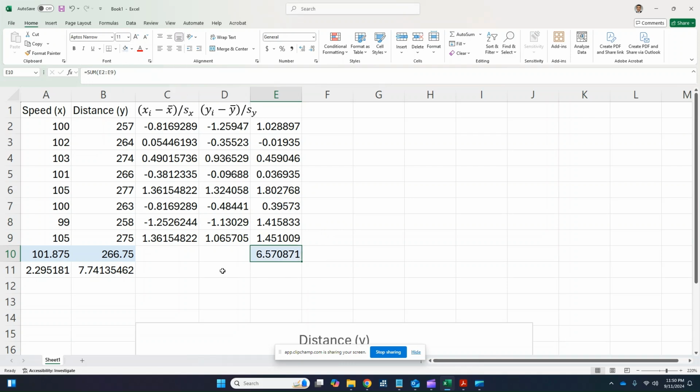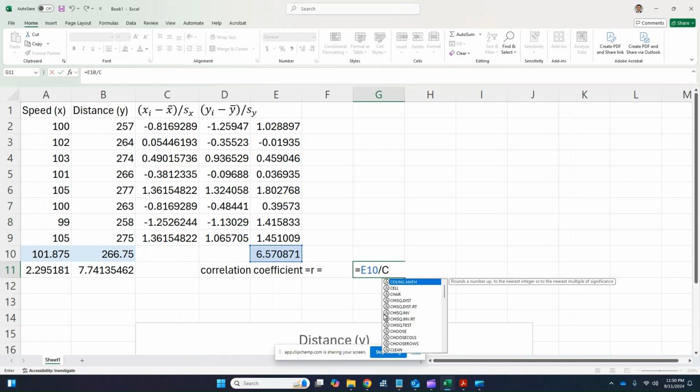So my correlation coefficient, R, equals this number over the count of observations, the number of observations I have.